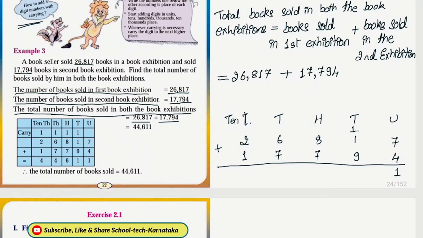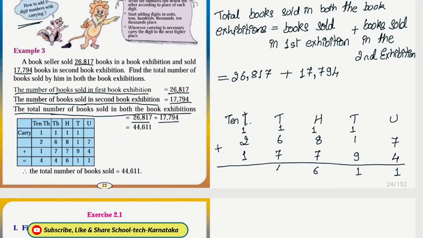So at tens place I have now 1 plus 1 plus 9. That is again 11. I write 1 here and carry 1 here. At hundreds place 1 plus 8 plus 7 is 16. I write 6 here and carry 1 at thousands place. At thousands place I have 1 plus 6 plus 7 is 14.